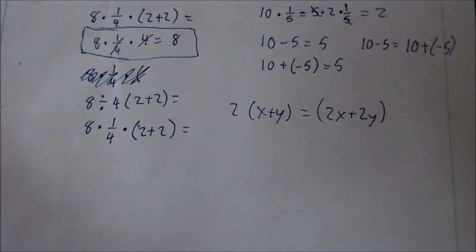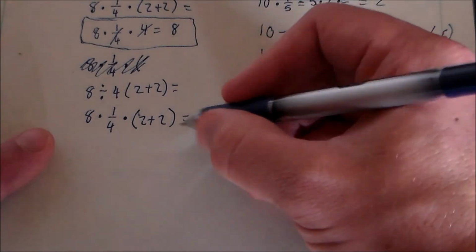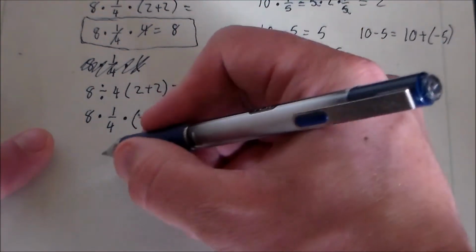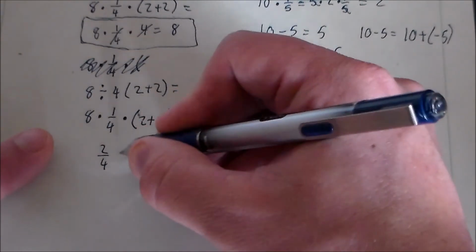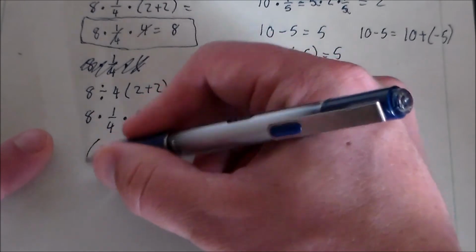You can just distribute like that. So let's do this step for our original problem. So we have 1/4 times 2, which is 2/4, plus 1/4 times 2 is 2/4, quantity times 8.